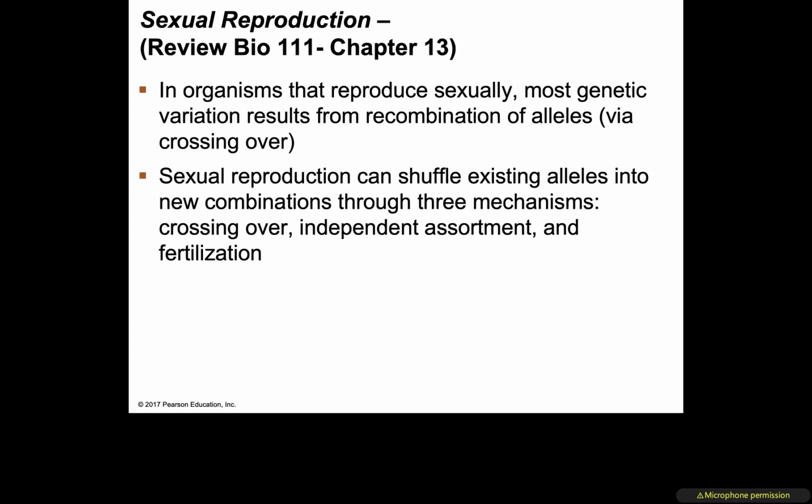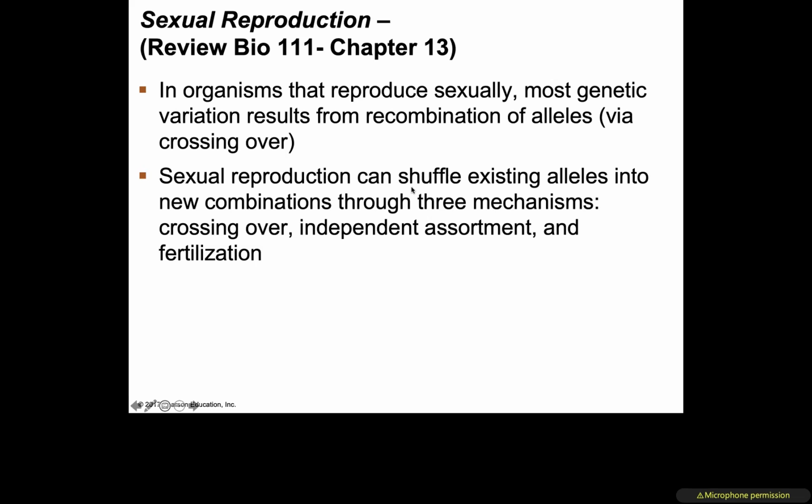But when the egg and the sperm come together, you only get specific eggs with specific alleles and specific sperm with specific alleles. If for some reason a different egg was ovulated that month, you'd get a whole different set of alleles probably. So this leads to further genetic variation.